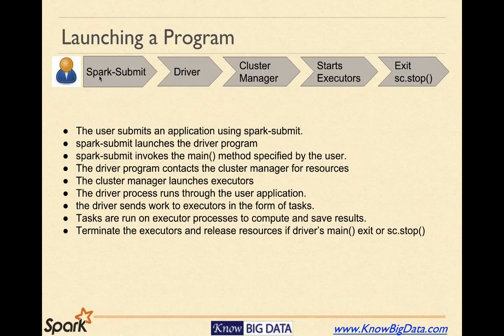So the user submits an application using Spark Submit. Spark Submit launches the driver program and invokes the main method specified by the user. The driver program contacts the cluster manager for the resources, and the cluster manager launches the executors.